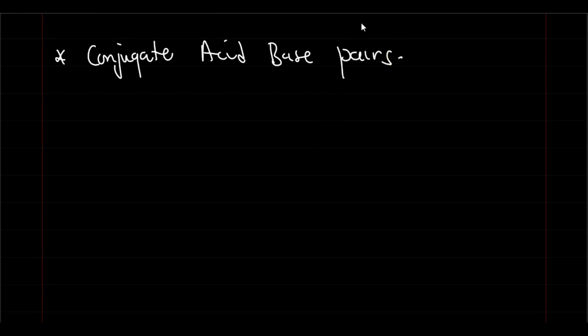Okay, so now this part is conjugate acid base pairs. Now you know reactions of acids and bases because we have learned that from our previous videos.